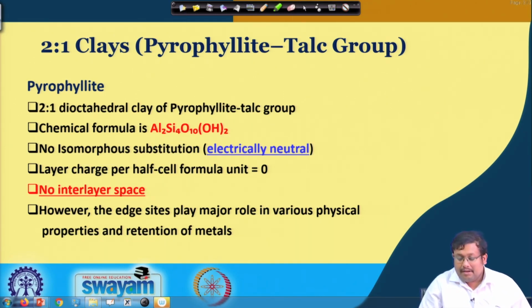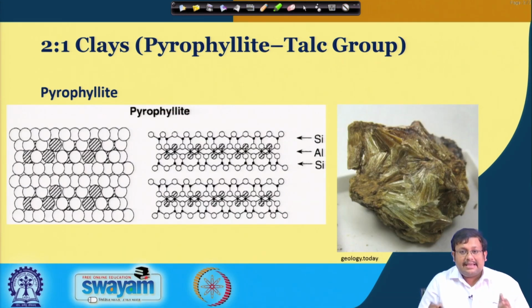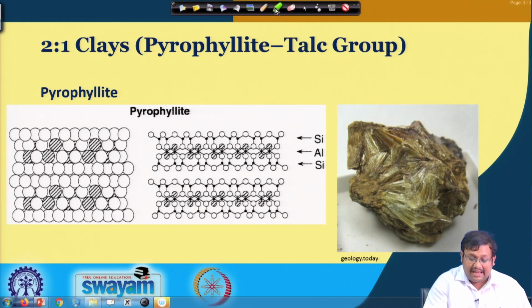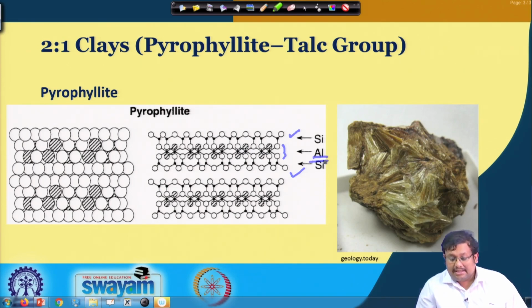If we move ahead and see the structure of pyrophyllite, it becomes clearer that this is a 2:1 type of structure, as we have discussed. 2 silica tetrahedral sheets and 1 octahedral sheet sandwiched in between these 2 tetrahedral sheets, and it is basically a dioctahedral structure because aluminum is present.